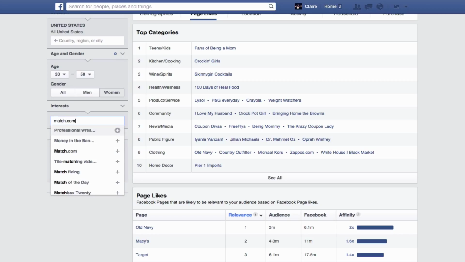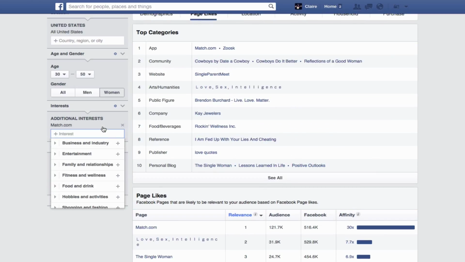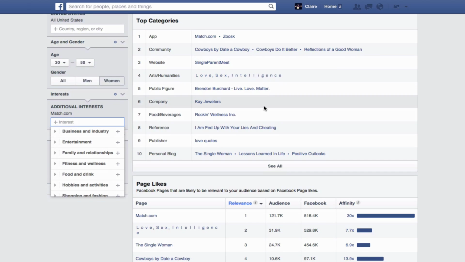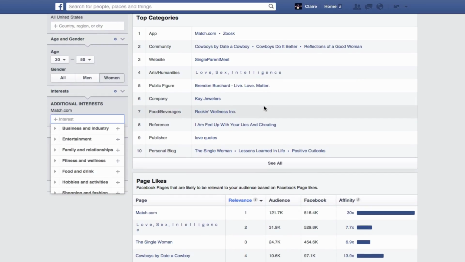So one of the interests was Match.com, and I found obviously there were other websites that are very similar to Match.com: eHarmony, JDate. So those were sort of my obvious targets. But it honestly hadn't occurred to me to target something like Kay Jewelers, because I'm thinking, all right, well, that's probably for more people who are engaged.